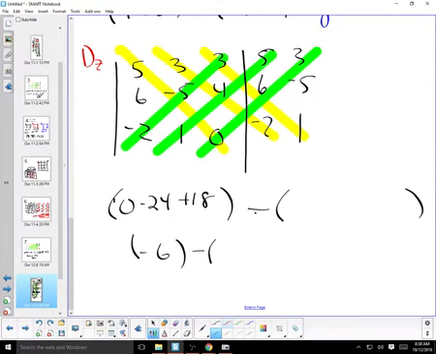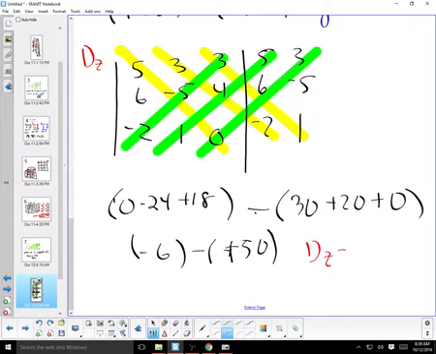We're going to get, what is it, 30? 30 plus 20 plus 0. So we're going to take away 50. Right? So dz is negative 56.